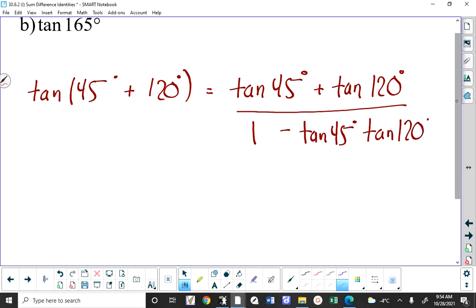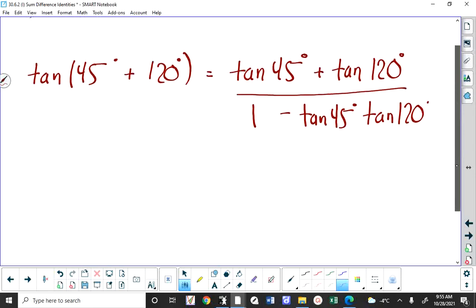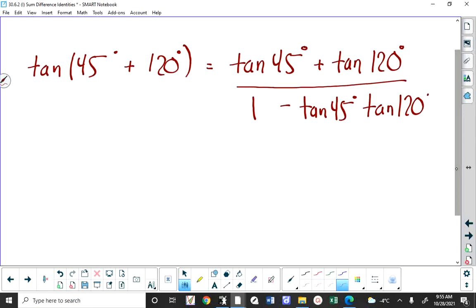Now, because tangent is not just an x or y coordinate, I would recommend determining the tangent of 45 as an exact value and the tangent of 120 as an exact value off on the side somewhere. Then we can put in the numbers.